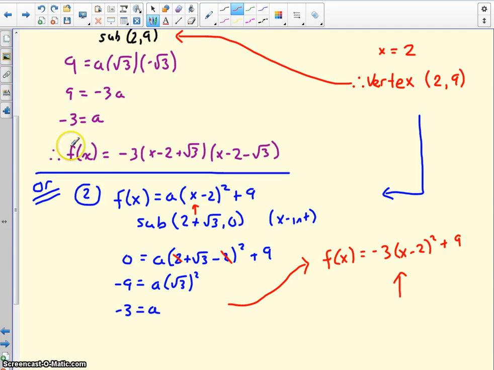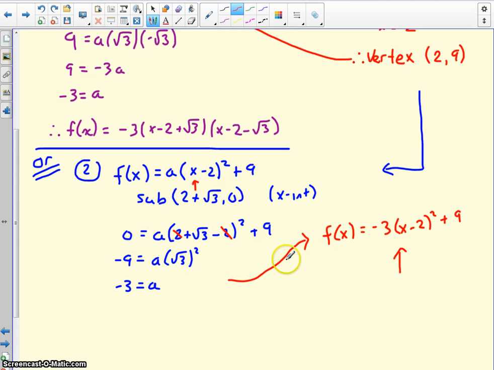If I were to use the factored form, put in negative 18 for y, I would have to expand all this out, put it into standard form, bring the negative 18 over to the right side, and then either factor or use the quadratic formula to get my answer. While I certainly could do that, it's a lot easier to work with vertex form. So whatever method you chose is fine. Just keep in mind that there often is a faster way, so just try and think through the problem first.